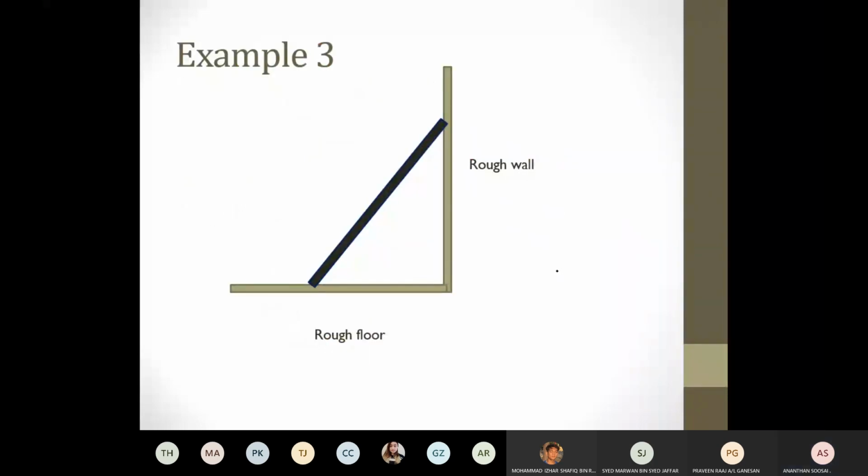Okay, now come to the ladder. Rough wall, rough floor. So what are the forces acting on this ladder? The weight acting down. The normal force is acting to the left because the ladder pushes the wall and the wall pushes it back.